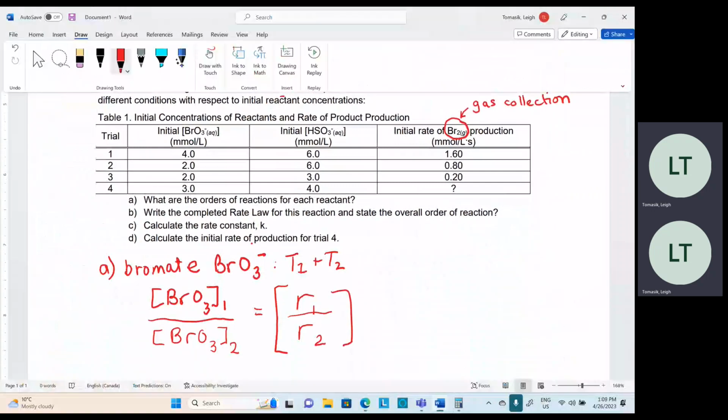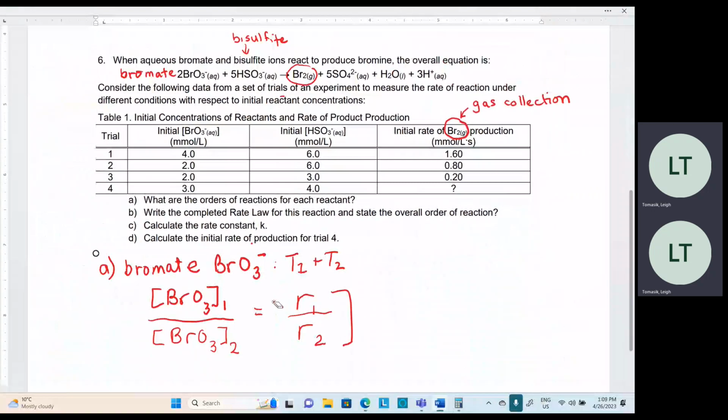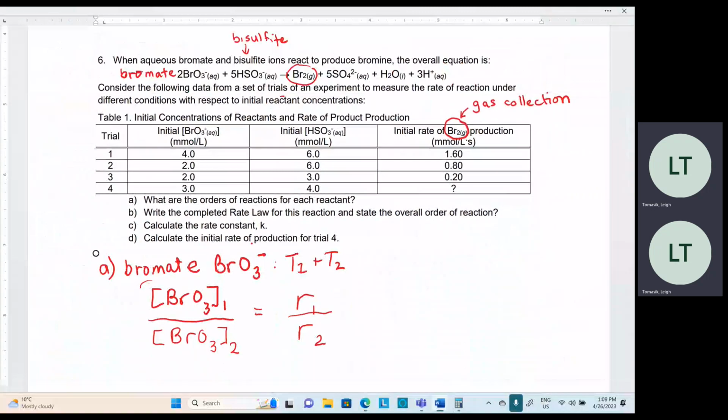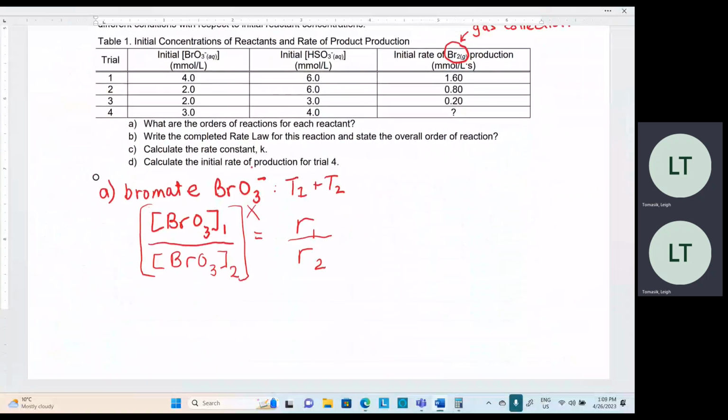Actually, I did the brackets around the wrong part. So the proportion of the concentrations to some exponent will equal the proportion of the rates. We're finding the order of bromate, and that's how you do it in the equation method.